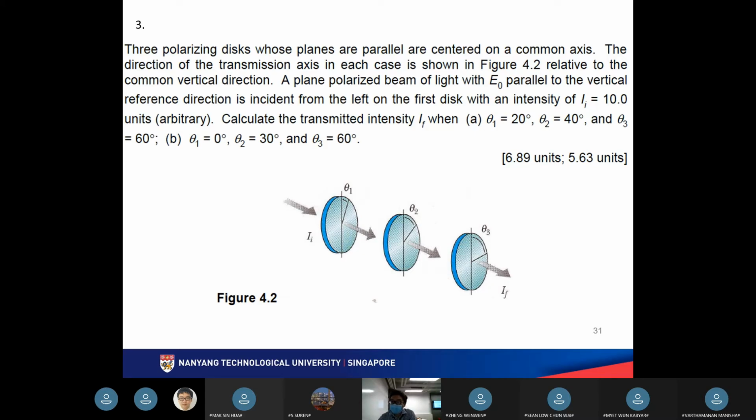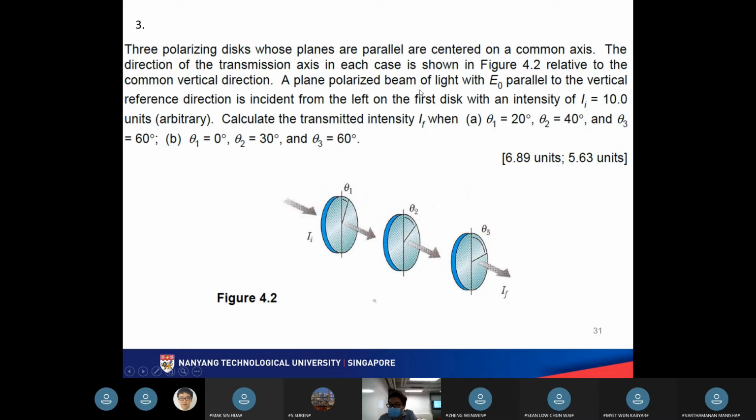Here we have 3 polarizing disks, polarizers. They are parallel to each other and all centered on the same common axis, the same straight line. This is the direction of their transmission axis. The first one has its transmission axis at theta 1 with respect to the vertical, and the second and third are theta 2 and theta 3.